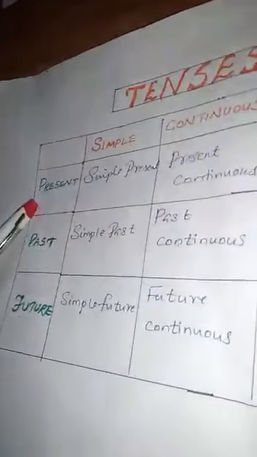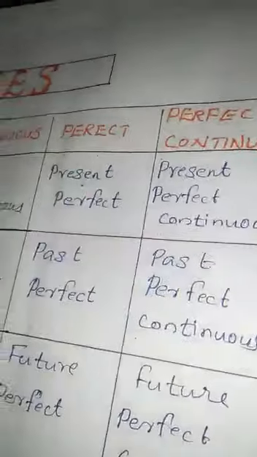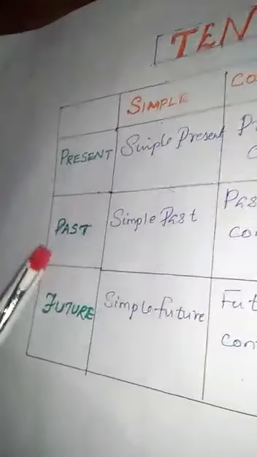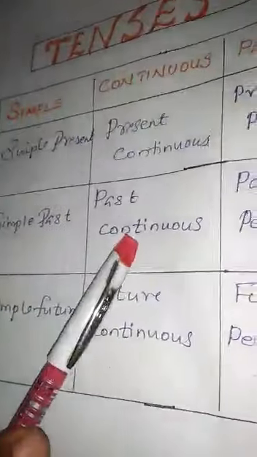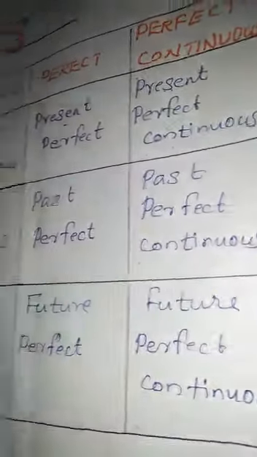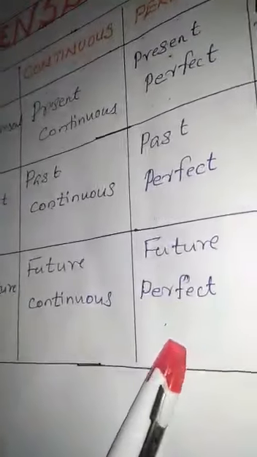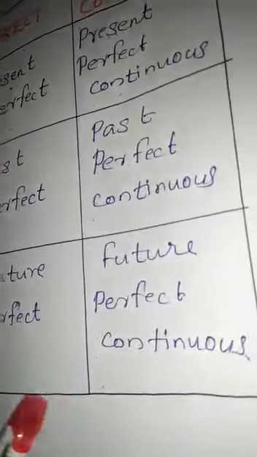So, in present tense, we have simple present, present continuous, present perfect, and present perfect continuous tense. In past, simple past, past continuous, past perfect, and past perfect continuous tense. In future, we have simple future, future continuous, future perfect continuous tense.